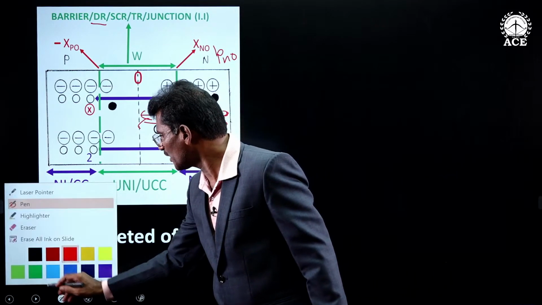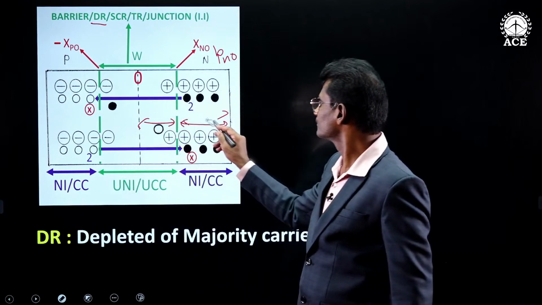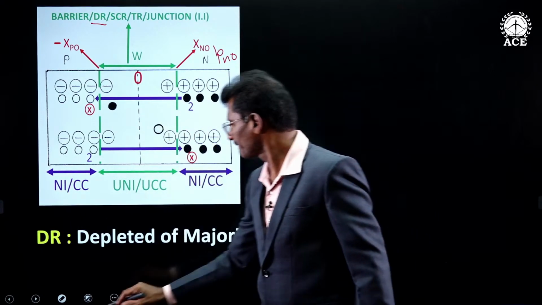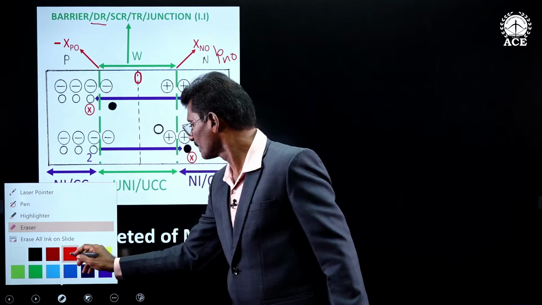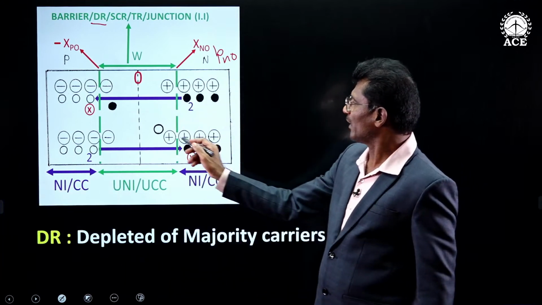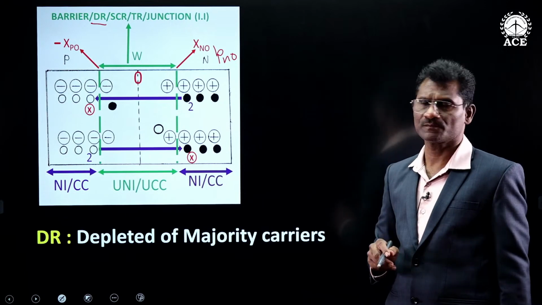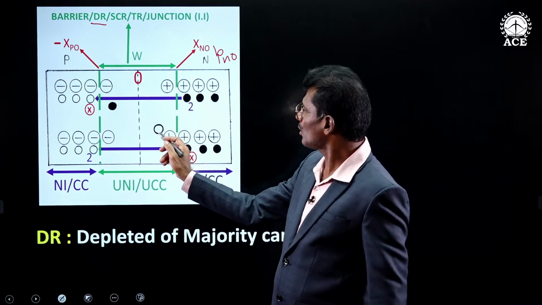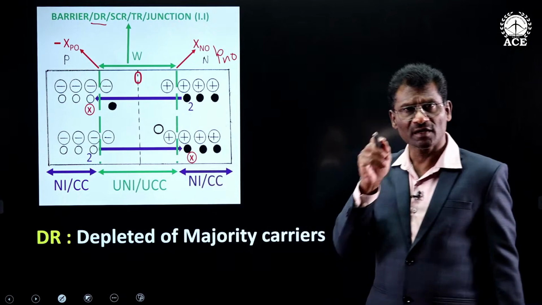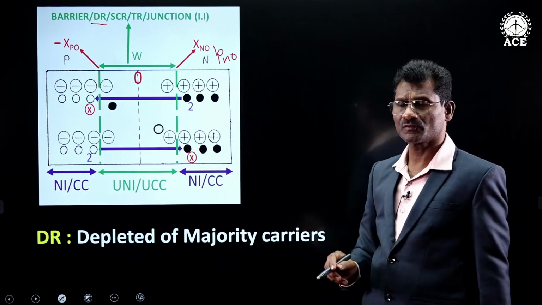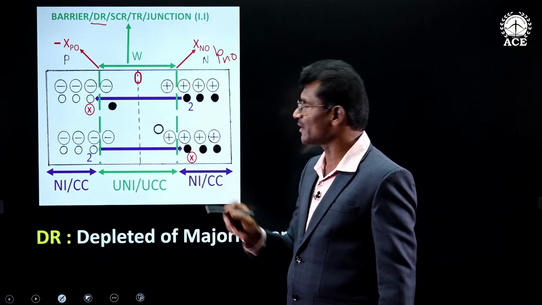No doubt in that. Now, when I show this hole, it is generated due to temperature. So, a hole, a minority carrier can exist in N side, though it is depleted region.